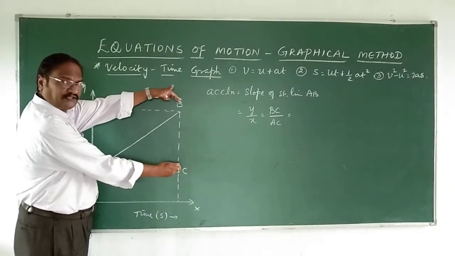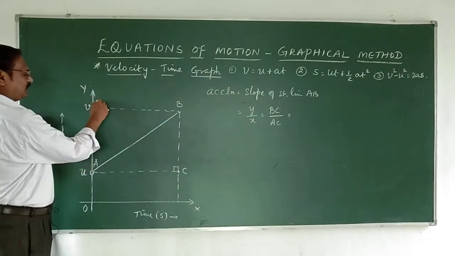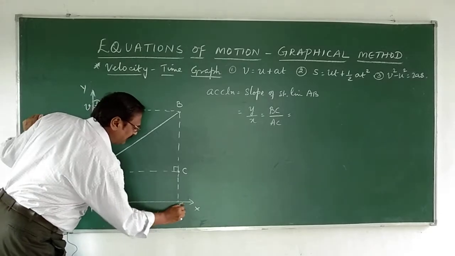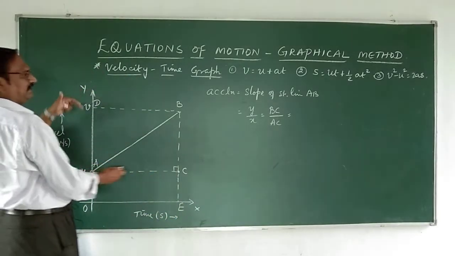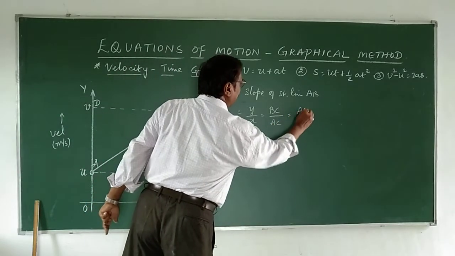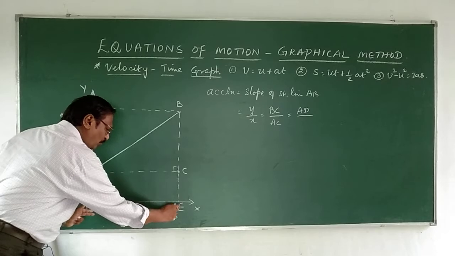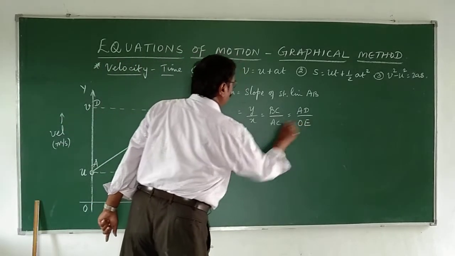There is no value here; the values lie on the axes. So let us call these points D and E. BC is nothing but AD, and AC is nothing but OE, which represents time.